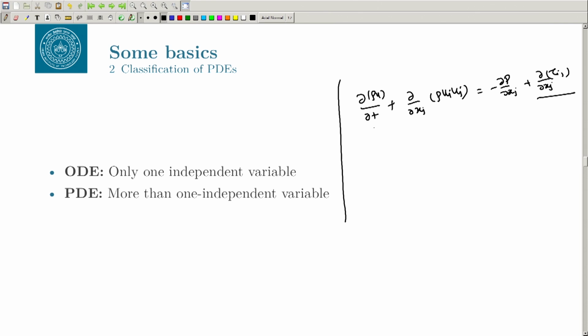So, here you can see the independent variables are basically t and x_j, which are basically x, y and z if it is a 3-dimensional flow, right. And what are the dependent variables? Of course, you know, ρ, u, v, p and all those things. Okay, these are basically your dependent variables.